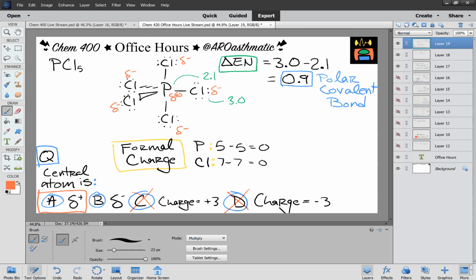Yes. Soap is an interesting molecule. It's hydrophilic on one end and hydrophobic on the other end. So it can dissolve oils.